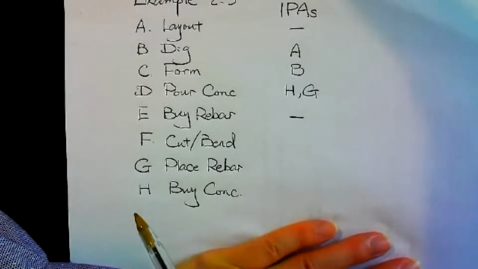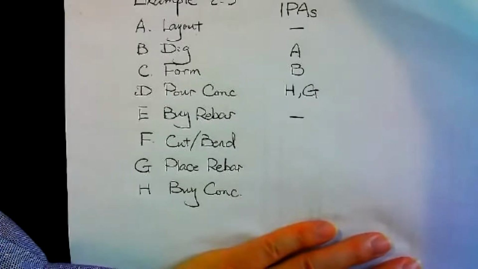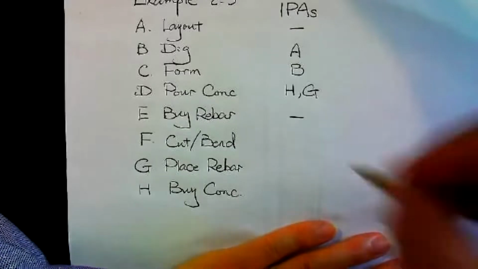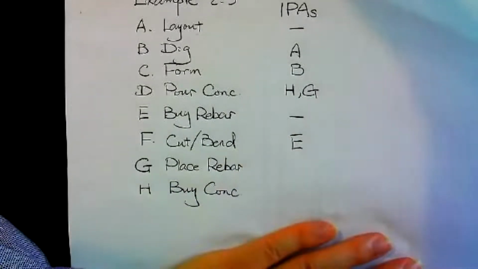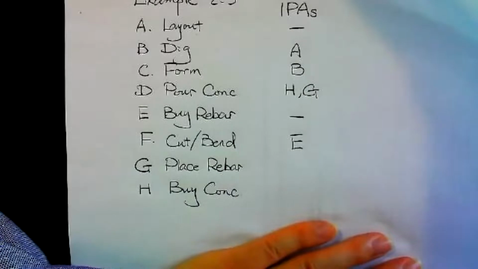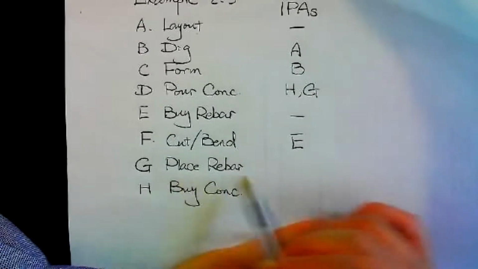Which activity do I have to finish before I can cut and bend the rebar? Very good, E. So I need to have rebar, then I can cut and bend. Then I want to place rebar.